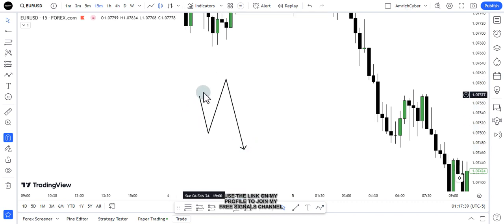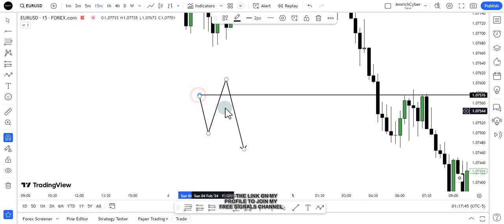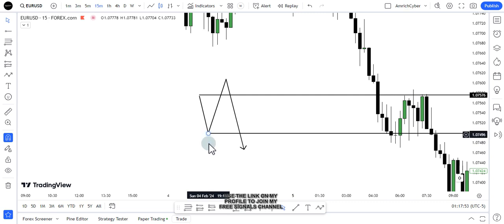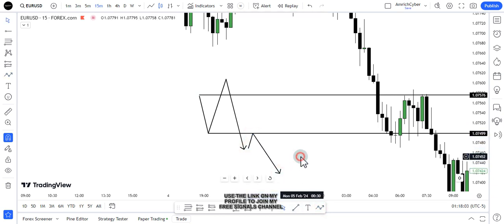So first, price will create a high, create a low, breaks the previous high. Take note, it will break the previous high and then break the current created low. So when price returns to this level, or the low here, it becomes the breaker block. So when price returns to this level, we expect price to go lower.